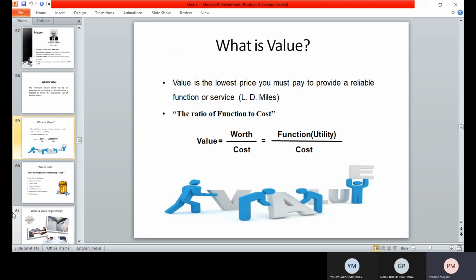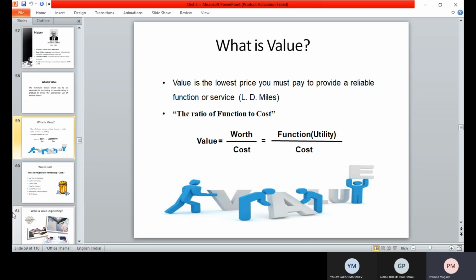And the ratio, you can write the function with respect to utility we need to consider. Okay, it is related to the function and cost.